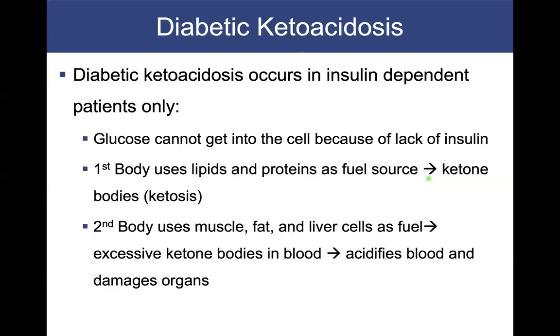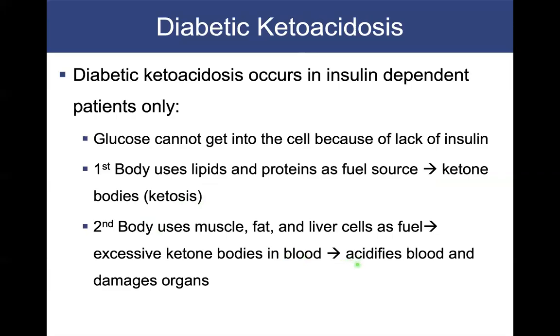So what ends up happening is because you can't get glucose in, your body cells are screaming for fuel. And so the liver upregulates breakdown of fats to make ketones. And this happens on a massive scale. And so you have ketones getting dumped into the blood. Eventually, if you look at the last bullet, it's going to acidify the blood.